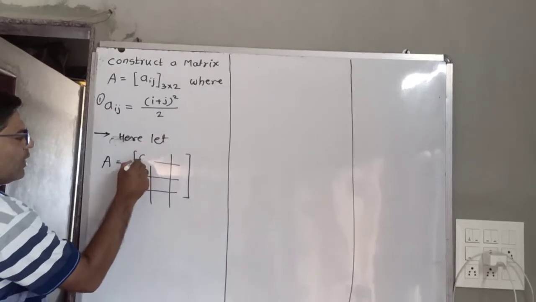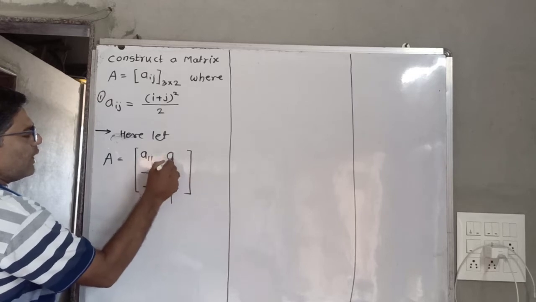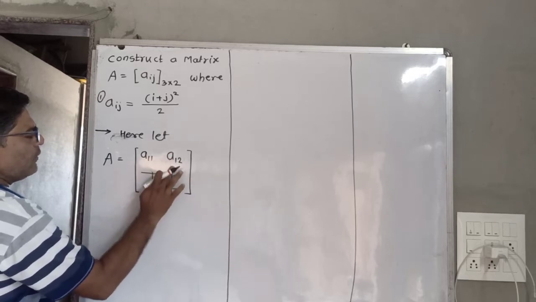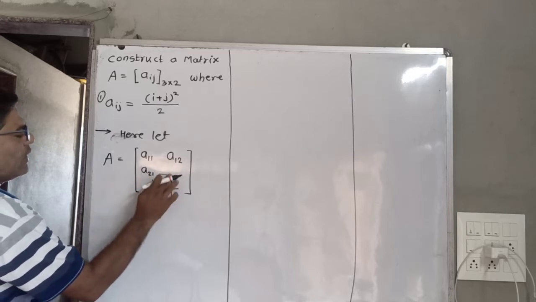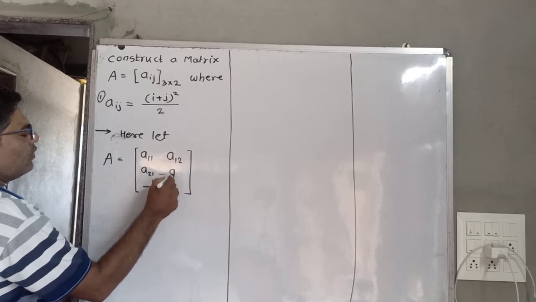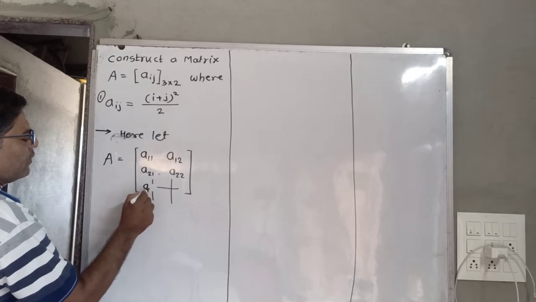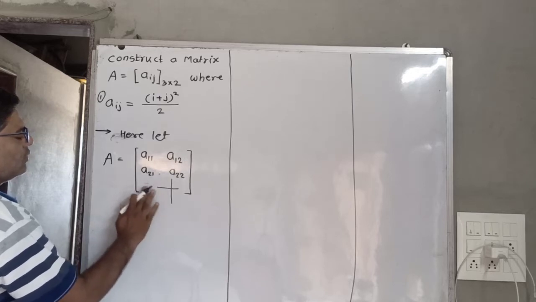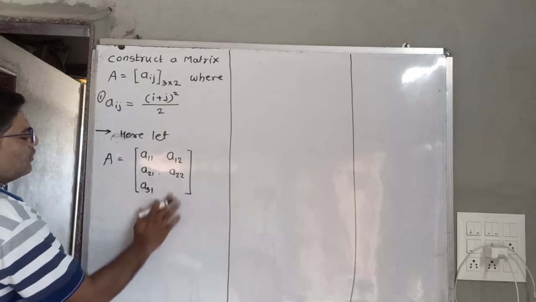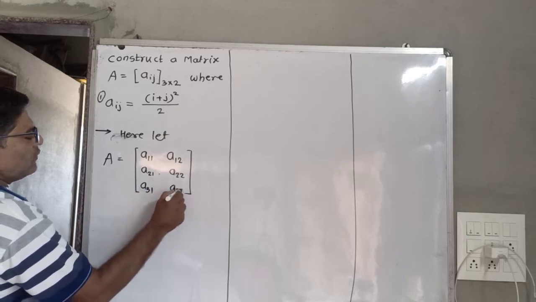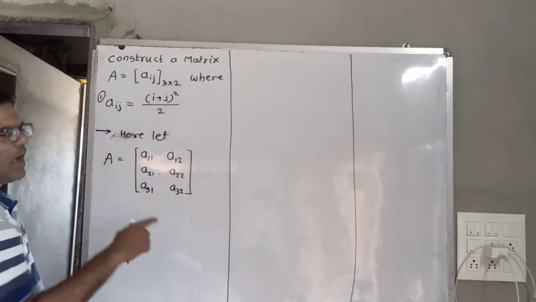First row, first column, a11. Here first row, second column, a12. Here second row, first column, a21. Second row, second column, a22. Third row, first column, a31, and third row, second column, a32. So 1, 2, 3 rows and 1 and 2 columns make a 3 by 2 matrix.